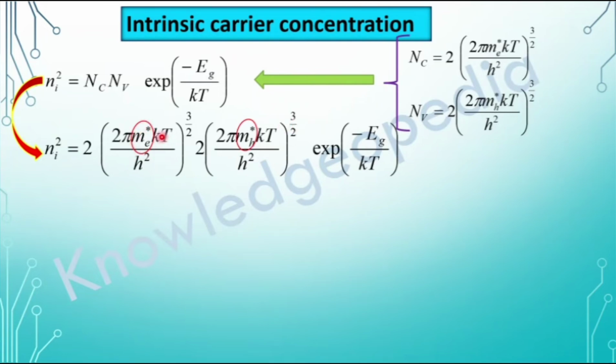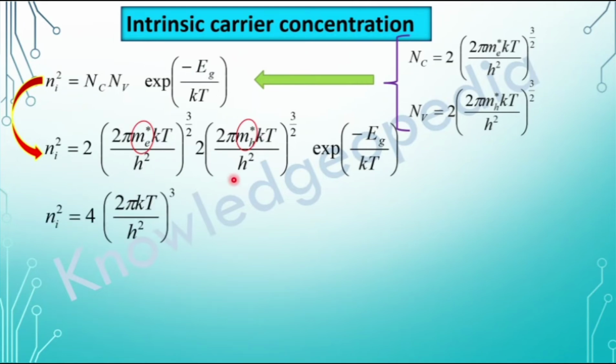If I will remove this Me star and Mh star from these two brackets, then I will be getting 2 pi kt by h square whole to the power 3 by 2 multiplied twice, that can be written as 2 pi kt by h square whole to the power 3 by 2 whole to the power 2, because this is multiplied twice.